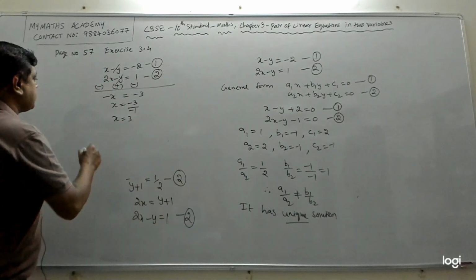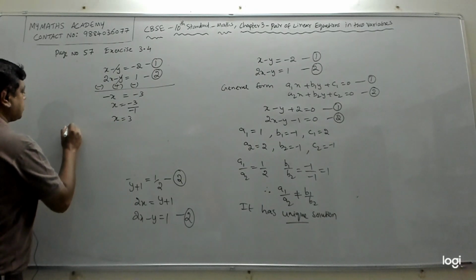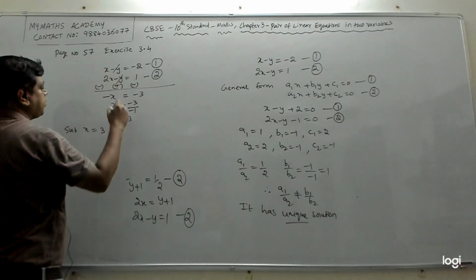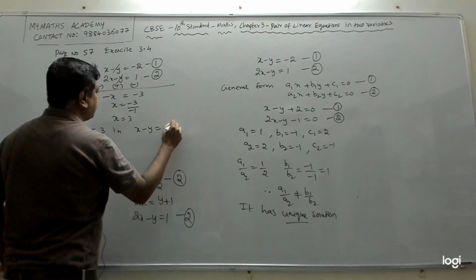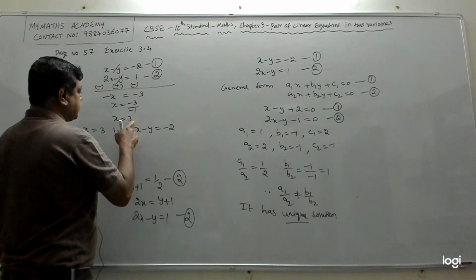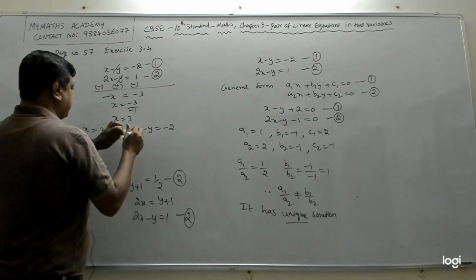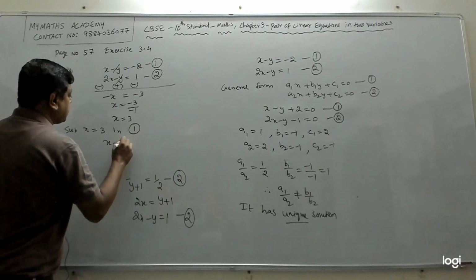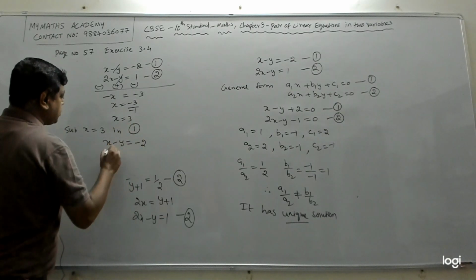Right? Let's substitute x is equal to 3 in any one of the equations. We'll take the first equation. What is the first equation? x minus y equal to minus 2. Put x is equal to 3.